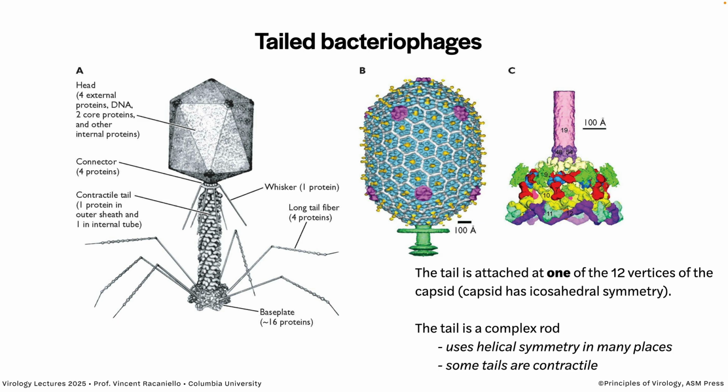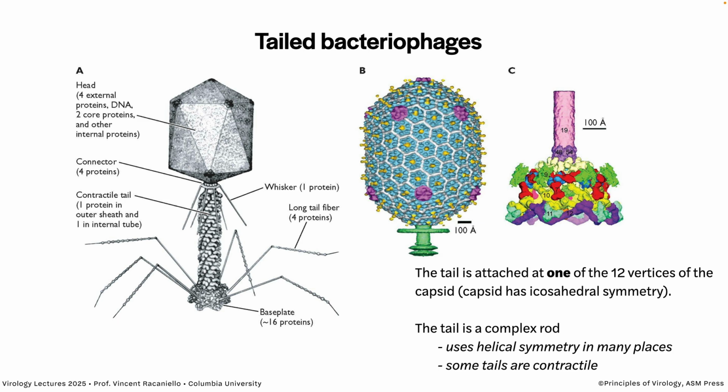So the tail is attached at one of the 12 five-fold vertices of the capsid, right? This is icosahedral, and this is basically a complex rod like tobacco mosaic virus. Some of these can contract, and some of them do not contract. And at the base, these little tail fibers are often used to help the virus attach to the bacteria.